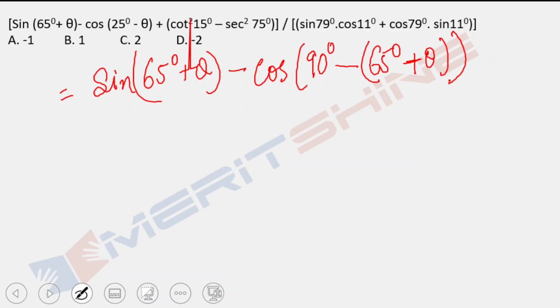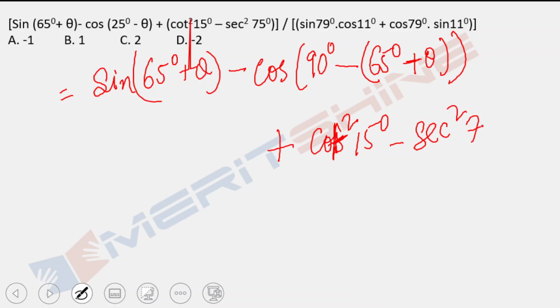Also in the numerator there was plus cot square 15 degrees minus sec square 75 degrees. So here you have the numerator.